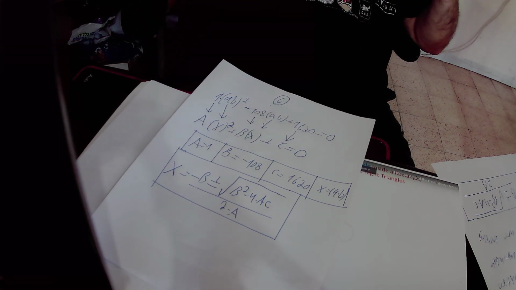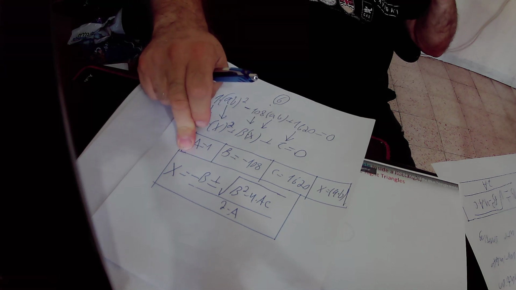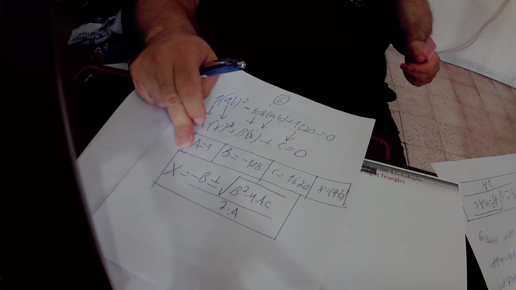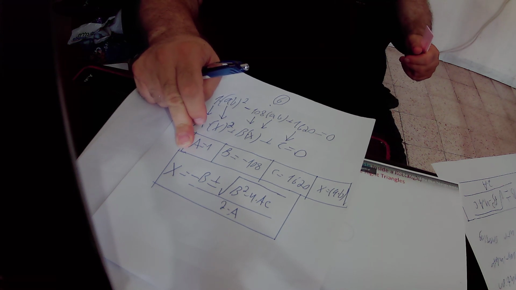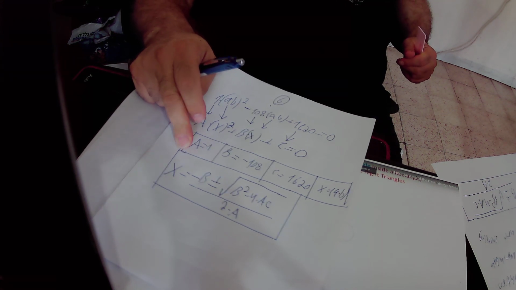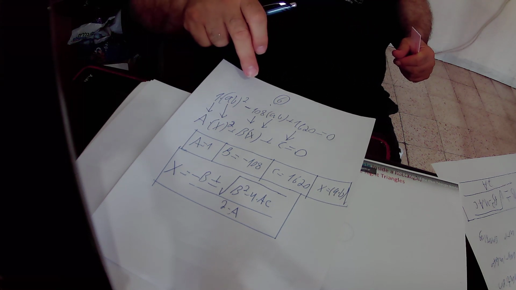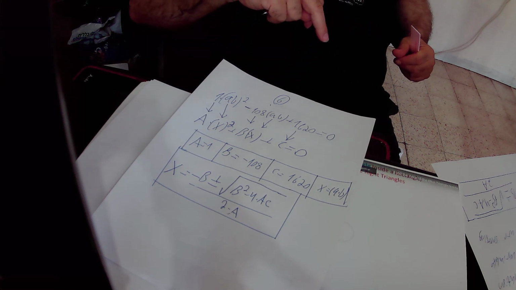That will give us another solution for x. So in this particular case we will have two different roots of this quadratic equation.